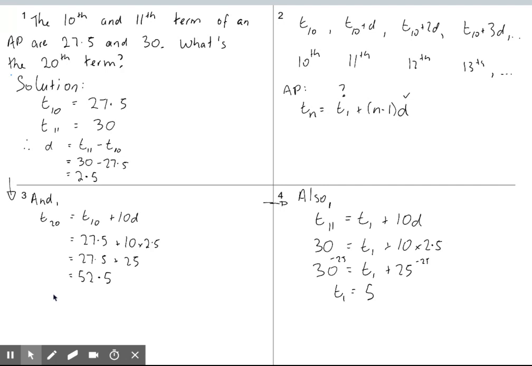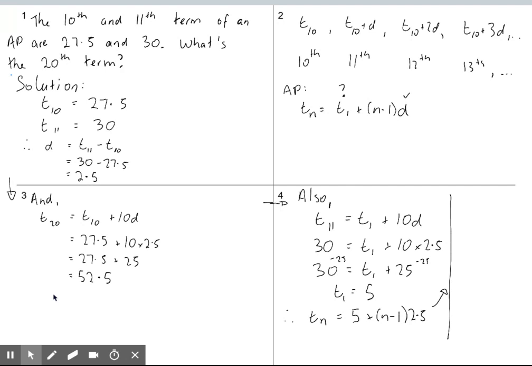With the first term and the difference, we can now calculate the general term. So therefore, the general term is the first term, 5, plus n minus 1 times the difference, which is 2.5. And just to be nice and tidy, and I just want to leave it on this slide, so I'm just going to squish it up to the side here.